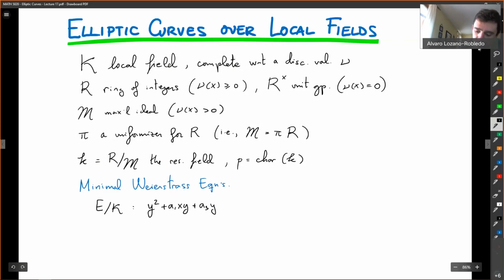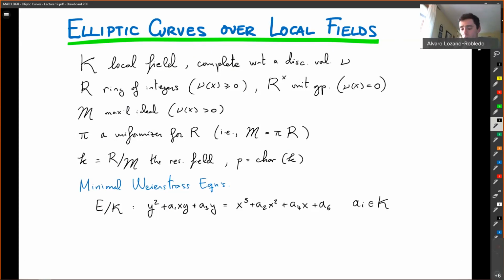I do want to think about the long Weierstrass models. You'll see in a moment why. Even if the characteristic of K is 0, I still want a long Weierstrass model in this case, because by minimal Weierstrass model, what I want is to find sort of the best model possible for this elliptic curve.